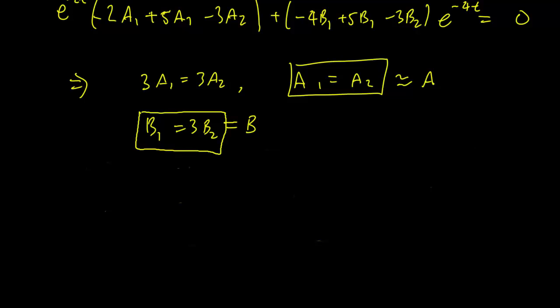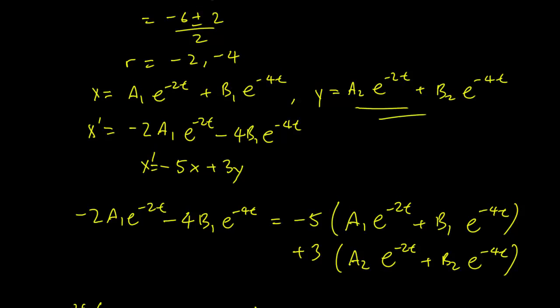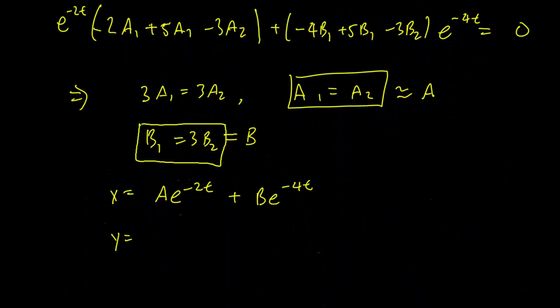So we can rewrite that as x = A e^(-2t) + B e^(-4t), and y, if you may recall, is equal to a2 e^(-2t) + b2 e^(-4t). And a2 is just going to be A as well, b2 is going to be B/3.